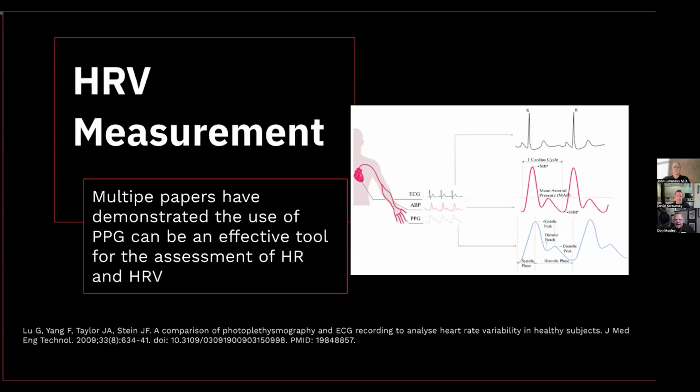This technique is commonly used to assess various physiological parameters like oxygen saturation, heart rate, blood pressure, and more. Multiple authors have demonstrated that PPG can be an effective tool for the assessment of HR and HRV. So there are multiple papers out there backing up the use of PPG.